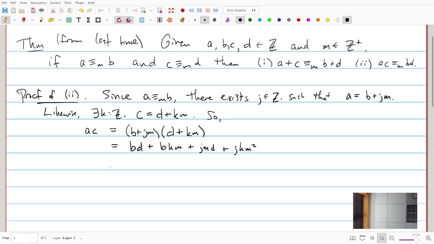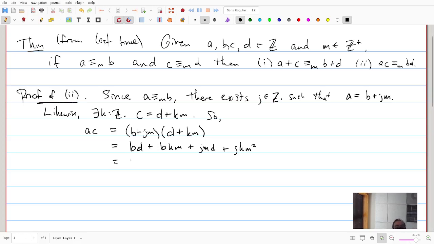My goal is to prove that AC is equivalent to BD mod M. And one way we could show that is if AC is equal to BD plus some multiple of M. And so actually, I'm close, right? AC is equal to BD plus some stuff. Is this stuff a multiple of M? It is, because I can factor an M out of everything there, right?